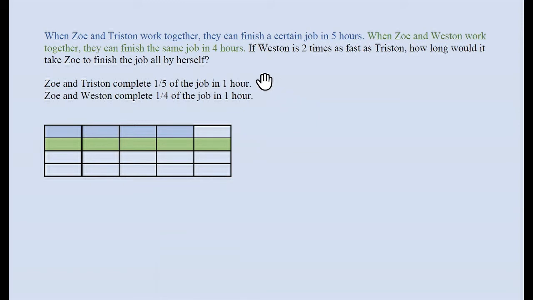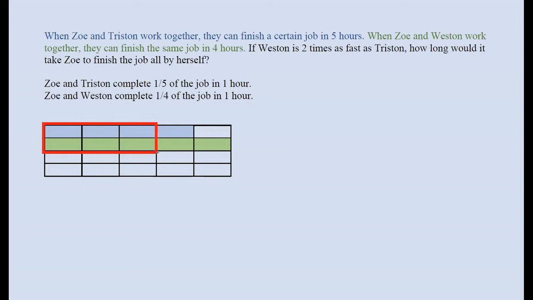But we know one thing: Weston is 2 times as fast as Triston. What does that mean? Well, let's start here. Zoe's rate doesn't change. If Zoe is doing 2 cells per hour or 3 cells per hour, she's going to do that. So I want to determine how many cells Zoe can complete in 1 hour, and I'm doing it a little bit by trial and error, really.